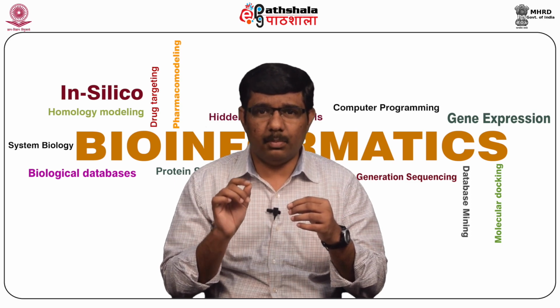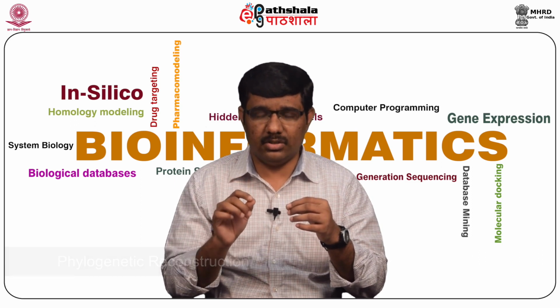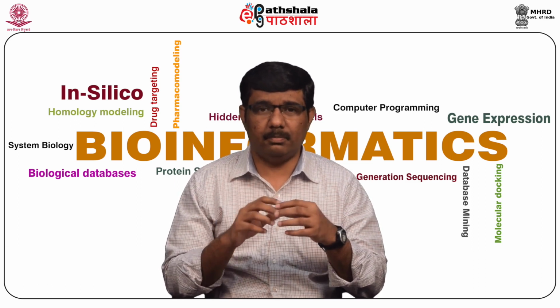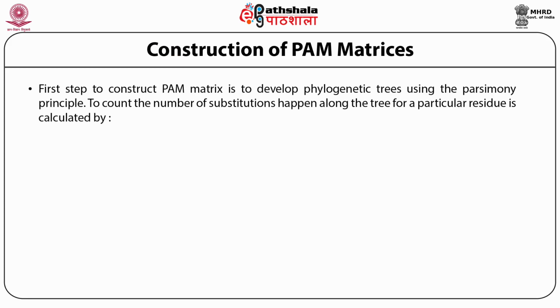In general, the protein sequences have to be clustered based on phylogenetic reconstruction using maximum parsimony. PAM matrices were developed by Dayhoff, as I discussed in the previous slide. To construct a PAM matrix, you first need to generate a phylogenetic tree using the parsimony principle.